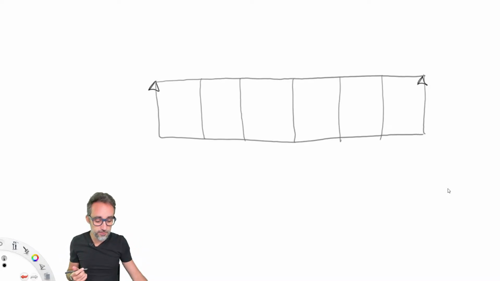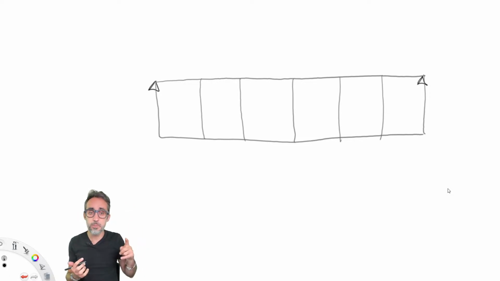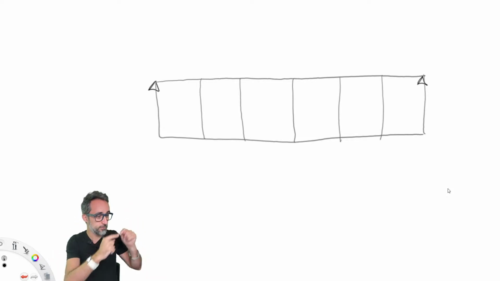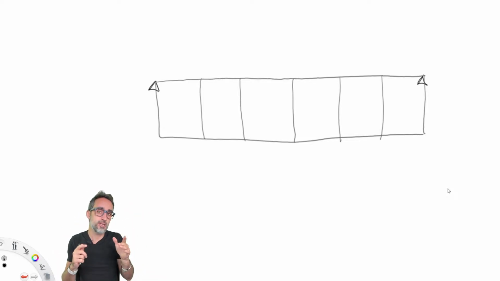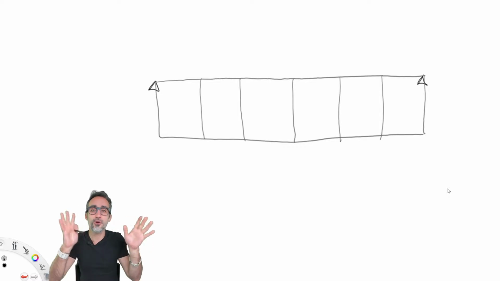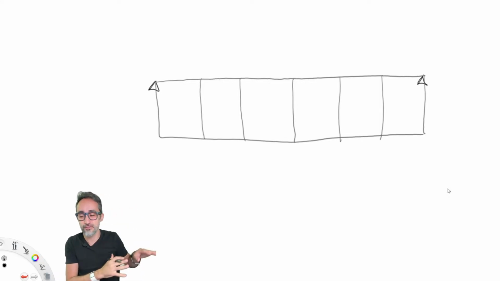So you might be familiar with Vierendeel trusses, which are this particular kind of trusses that are made up of square spans, each one of them having rigid connections on the nodes. We're not going to get into why that's important or why that is structurally sound, but they have certain advantages and they have to be made in a particular way.